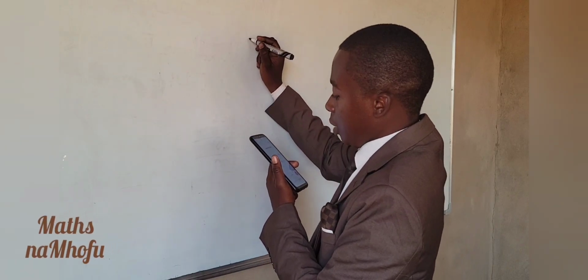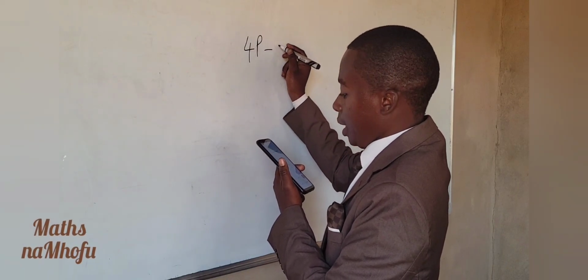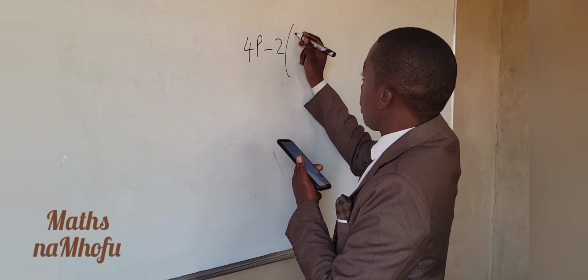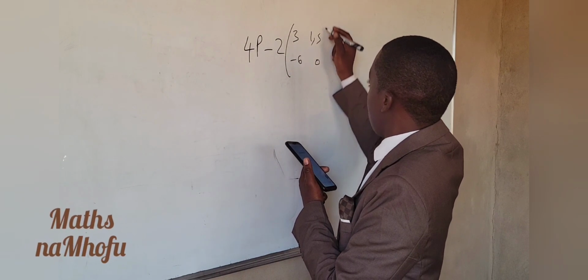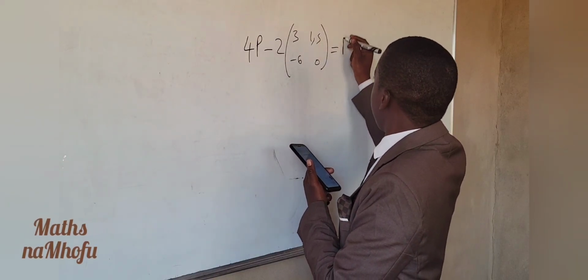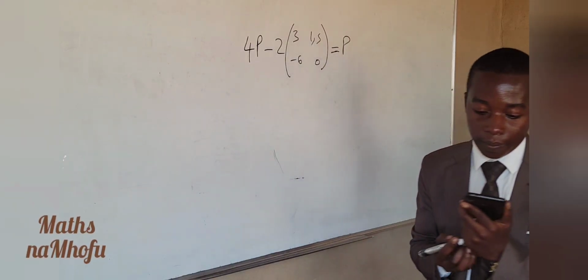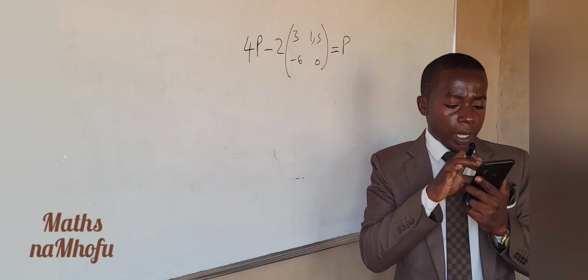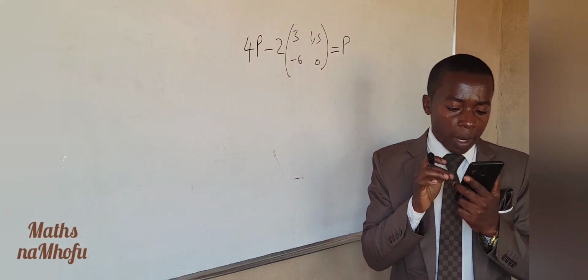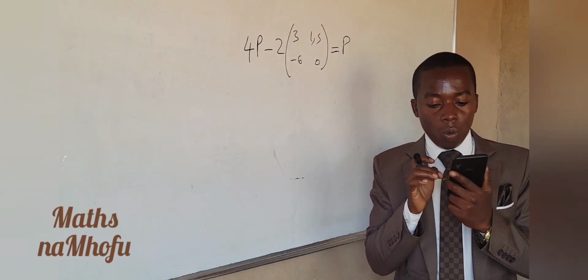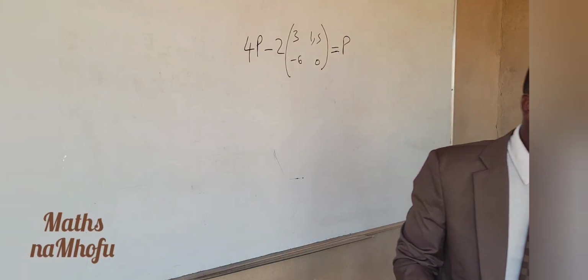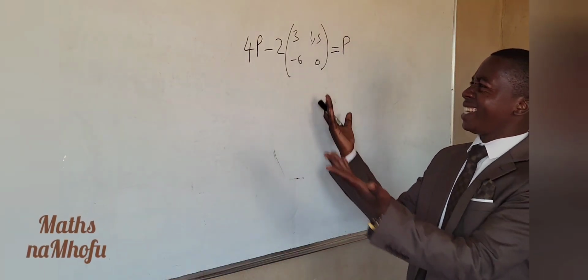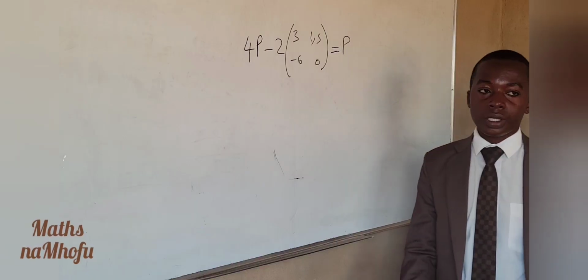Let me write it on the board. 4p minus 2 times matrix 3, 1, 5, minus 6, 0 equals p. Find matrix P in the form A, B, C, D, where A, B, C, and D are numerals. It means they are just asking us to simplify this, right?